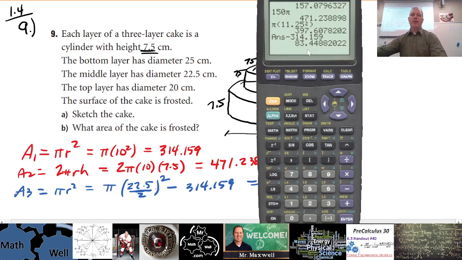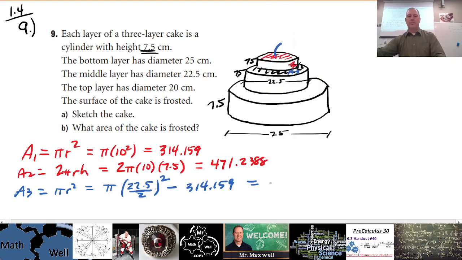And you see that we have 83.4488 square centimeters remaining. So that's just the exposed part. And you would keep going on like that. Now we'll do the wraparound part for area 4, then this one for area 5, and this one for area 6.